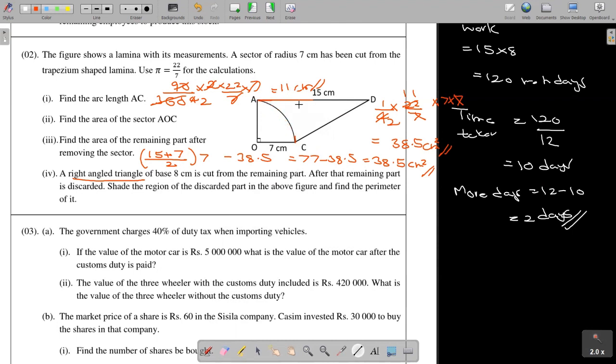You go to this. Then you have to take from what? From B. Then 7. This 8 means 15 minus 7. 8 is just here. This is 8. 15 minus 7. So they are asking to shade the region which is discarded. So this is the discarded region. This is cut off. This is remaining from that, right.